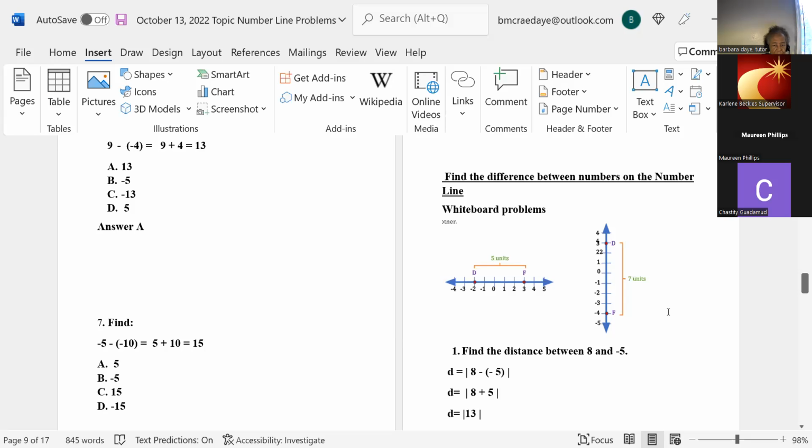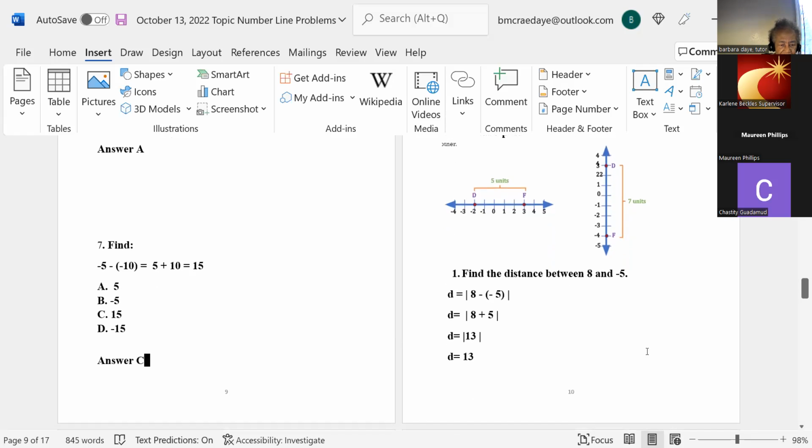Now, we want to look at the distance between 8 and a -5. We're doing these without the number line because what we're talking about is absolute value. Absolute value means we drop the sign, right?